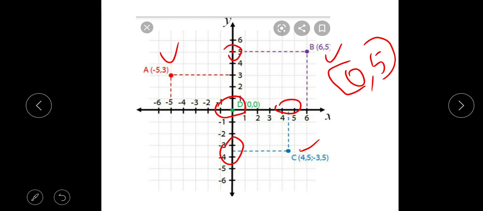The coordinate (0, 5) comes on the y-axis itself. So our E is a point on the y-axis itself. Okay. This is plotting points on a Cartesian plane. Okay, these are the important points of the chapter Introduction to Graphs.